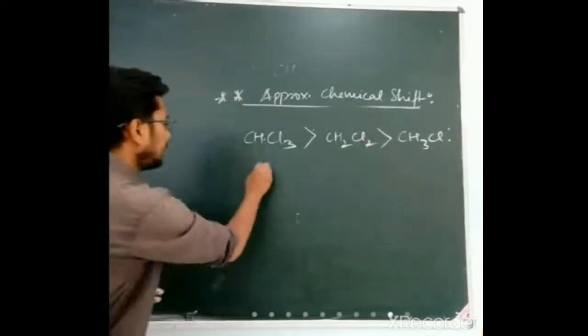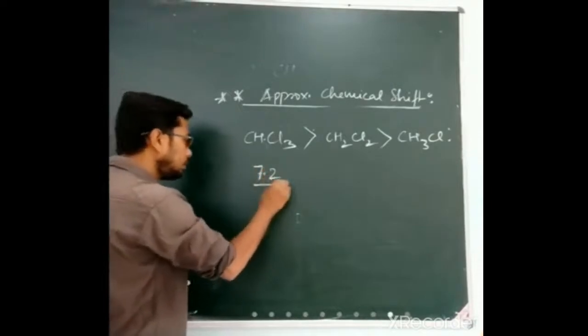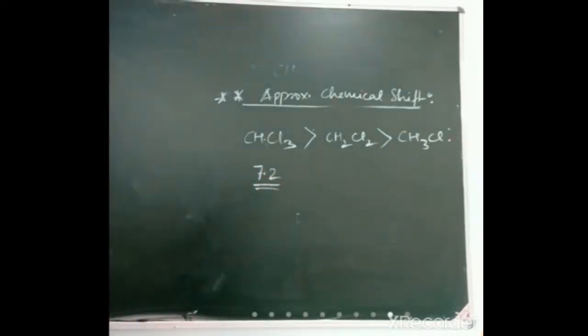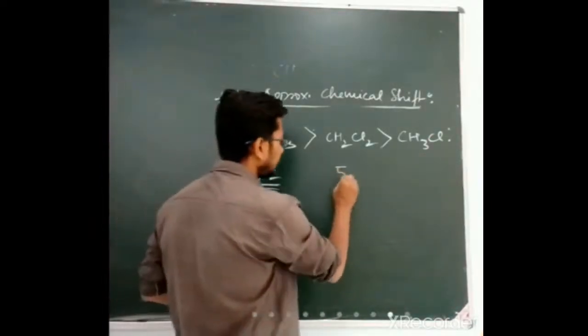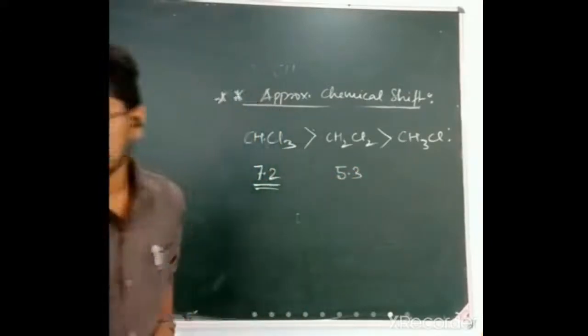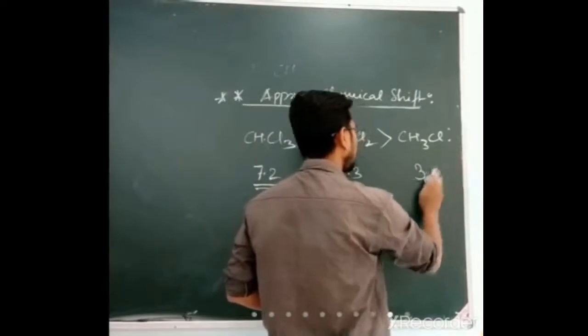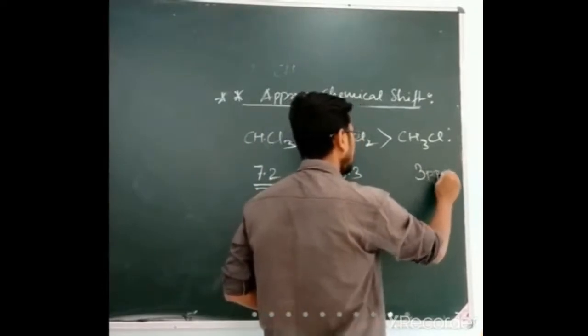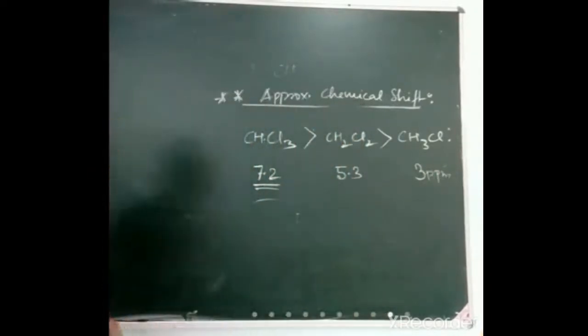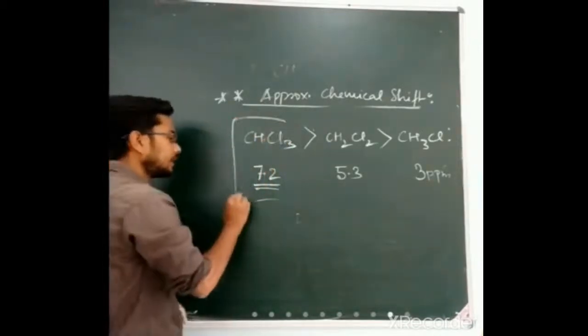So this is coming at around 7.2. Then this is 5.3, and then this one is 3.05, or 3. No need to get into the decimal level. So 7.2, 5.3, 3. Out of these 3, this is very important.